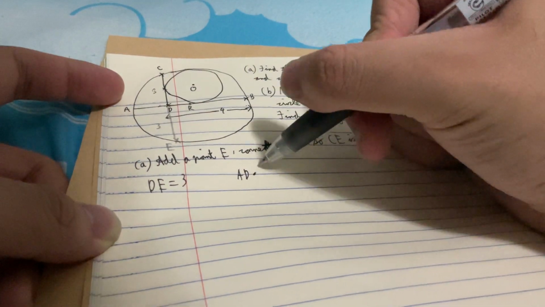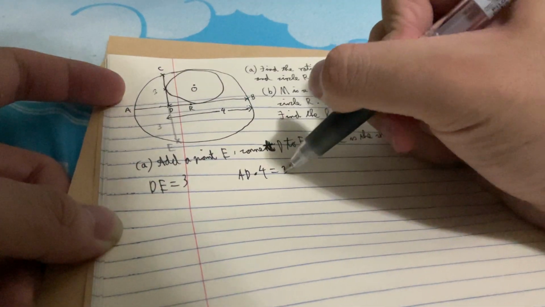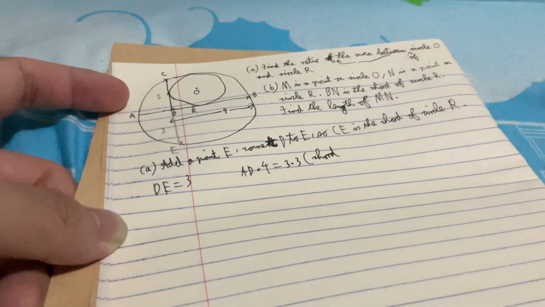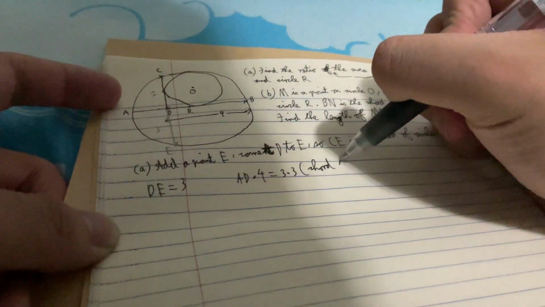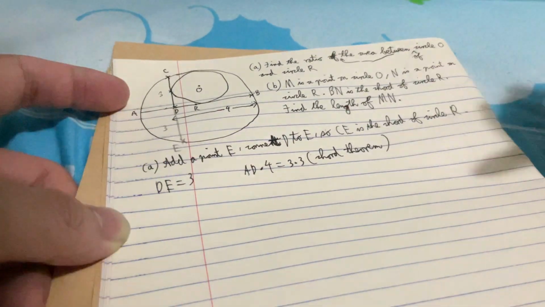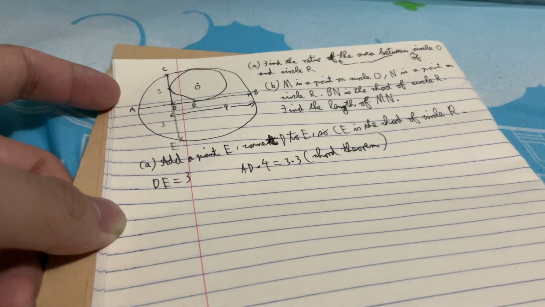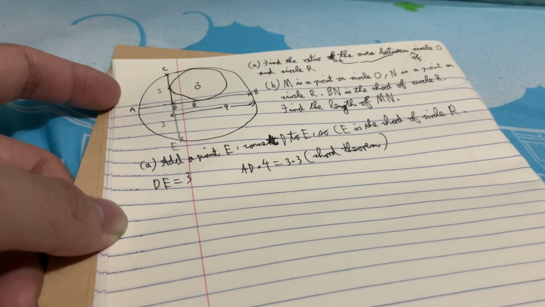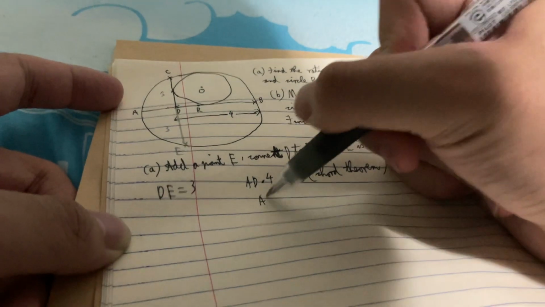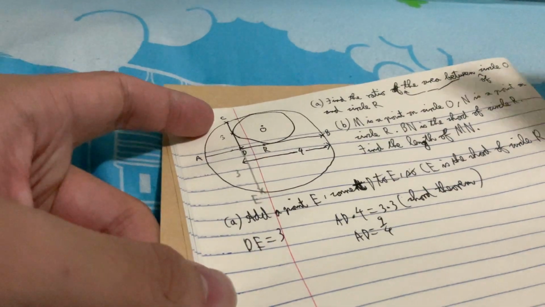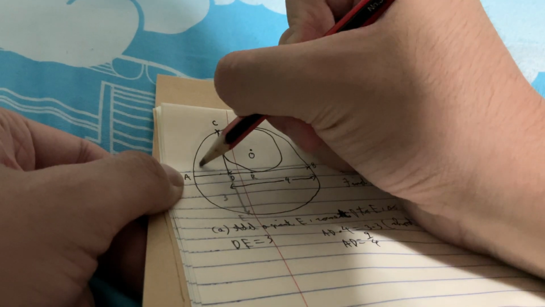AD times 4 is equal to 3 times 3, which is 9. Divided by 4 on both sides, AD is equal to 9 over 4. So I'm going to mark AD equal to 9 over 4 here.